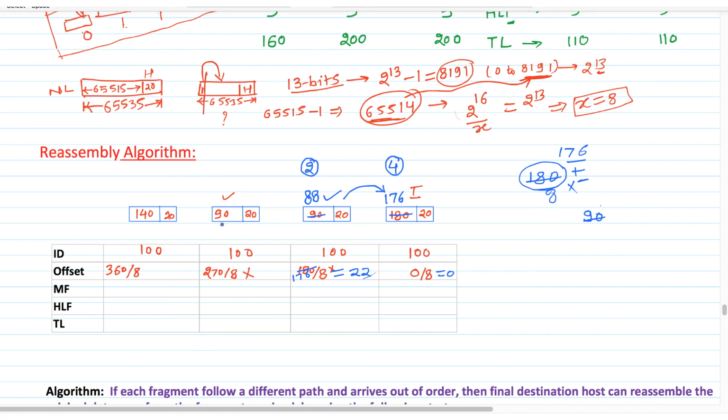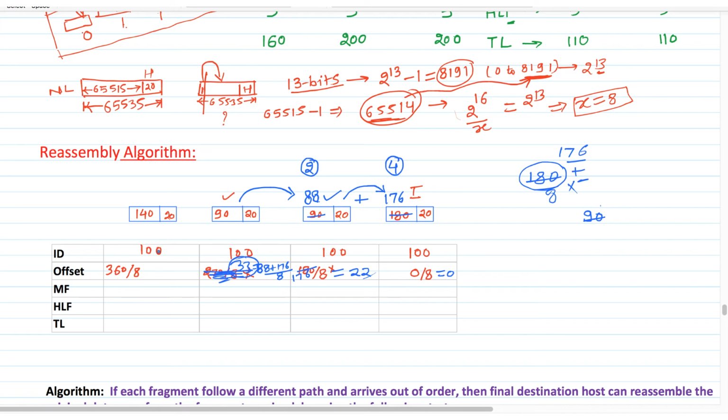So to calculate the offset value for this third fragment, now we are going to divide the number of data bytes ahead of this fragment, which is actually 88 plus 176, divided by 8, which is equal to 33.